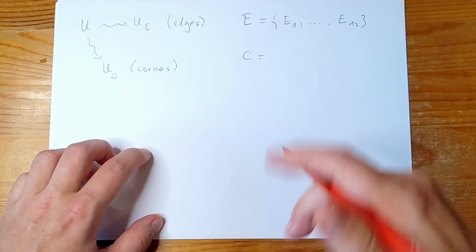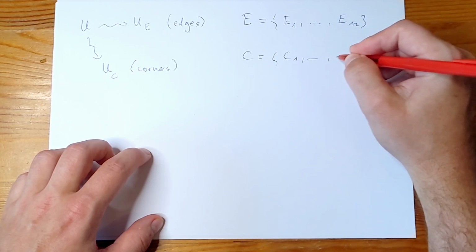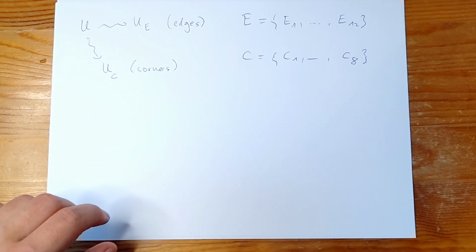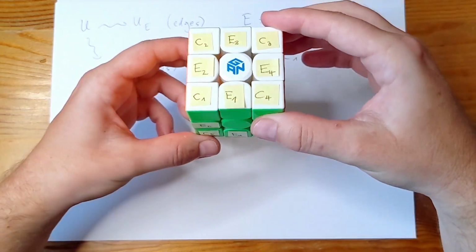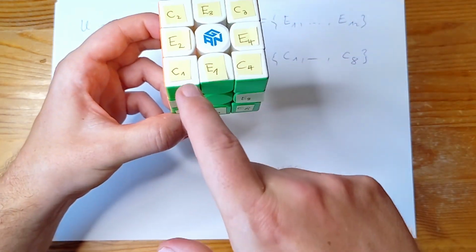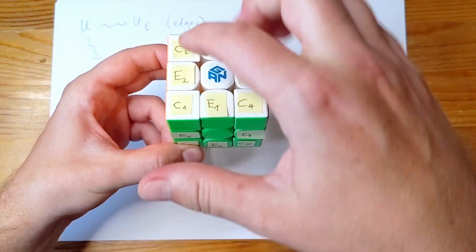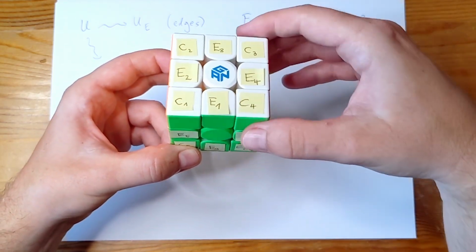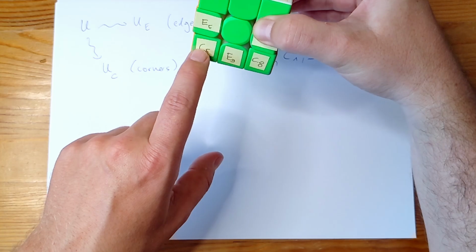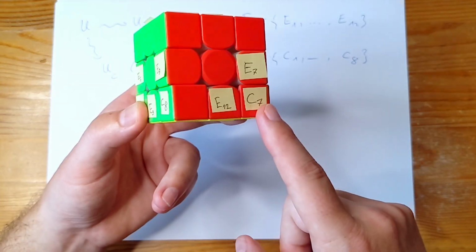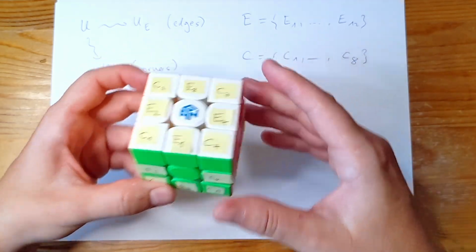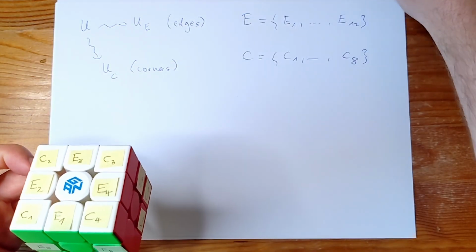And the corners, we have just 8 of them, C1 to C8. And the way I will denote them is as follows. So let's face white on top and green on front here, and I have denoted them like this.